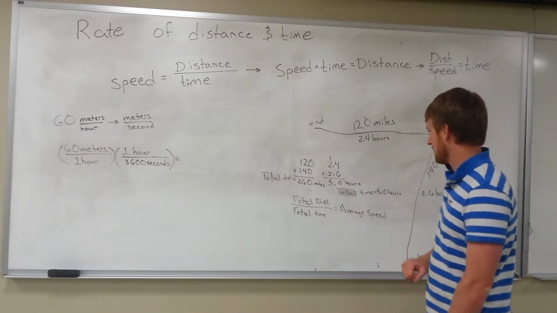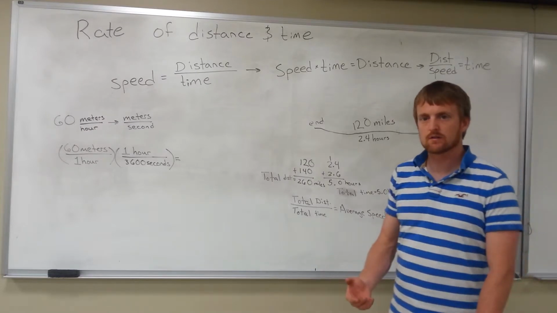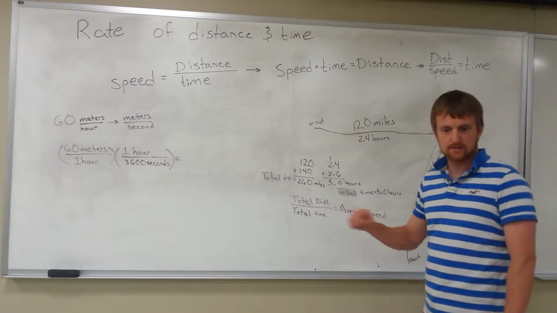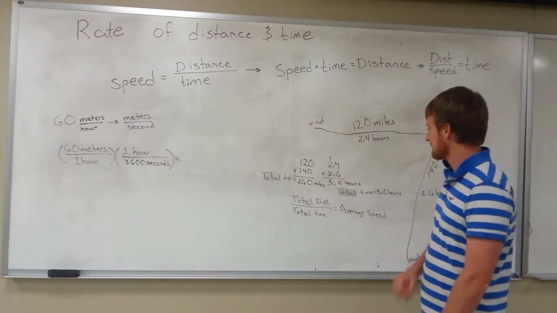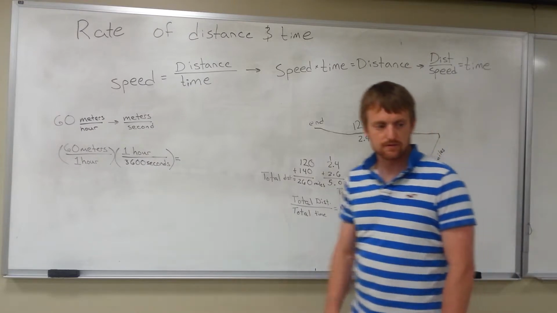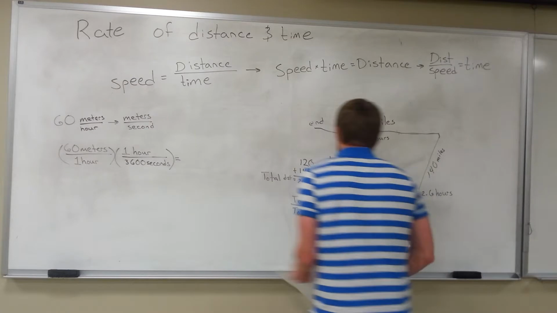So you get 5 hours total time. And to get an average speed, you take the total distance divided by the total time, and it'll give you an average speed. So 260 divided by 5 is what we would have.